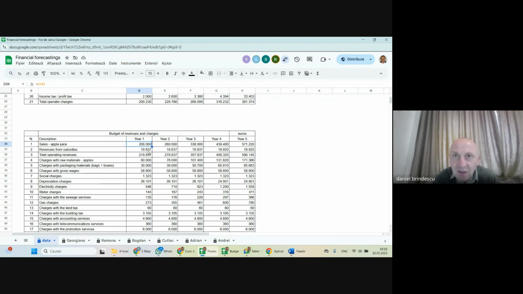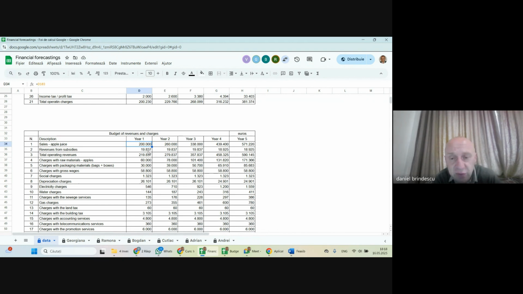Does that mean that I am also collecting as cash the entire 200,000 euros? Not necessarily, at least in my case, because I'm planning to sell the apple juice not to the end consumers, but to supermarkets that at their turn would be selling the apple juice to the consumers.